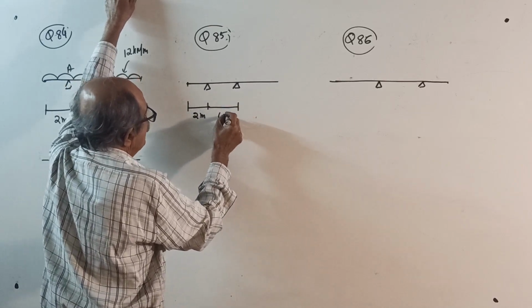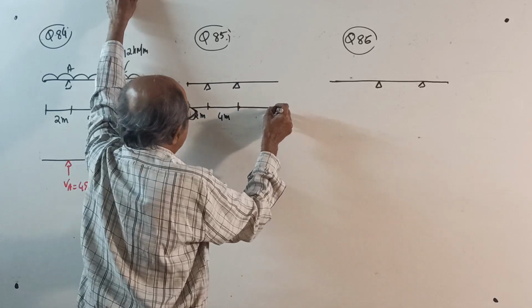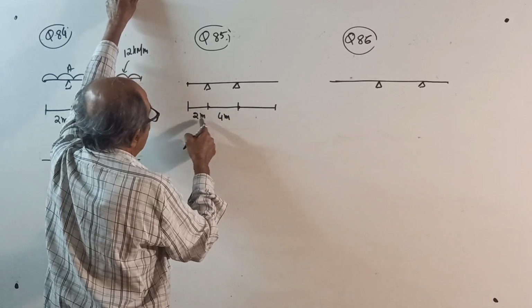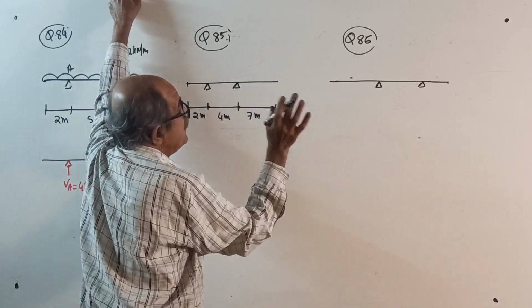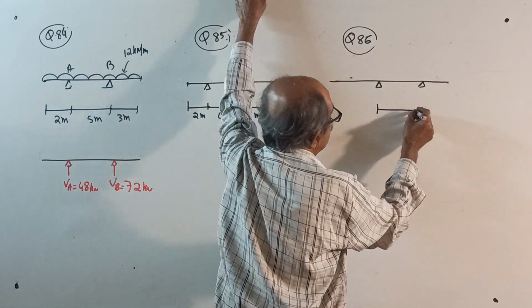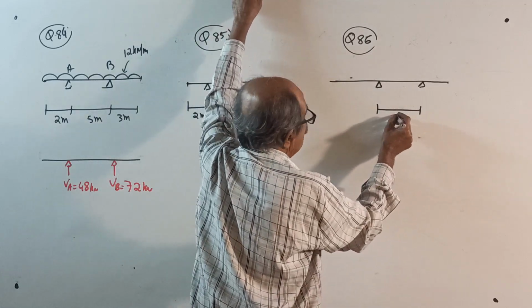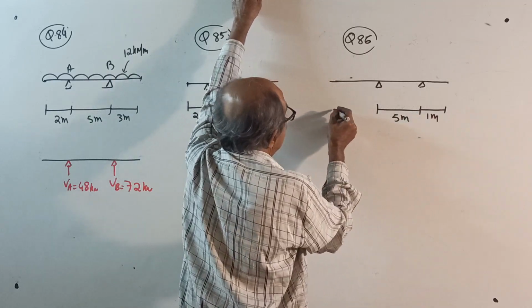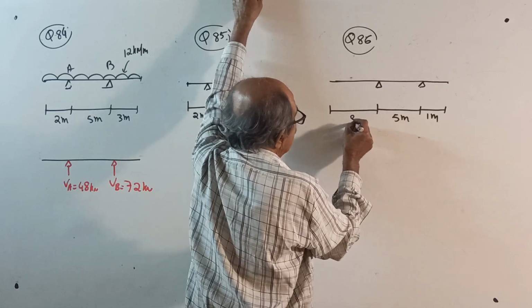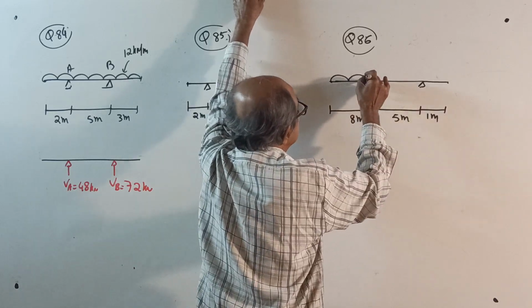This is 4 meter. This is 7 meter. This is all imagination. This is 5 meter. This is just 1 meter. This is 8 meter. There is a purpose for all this.